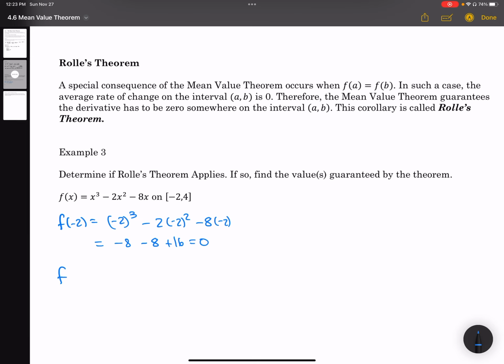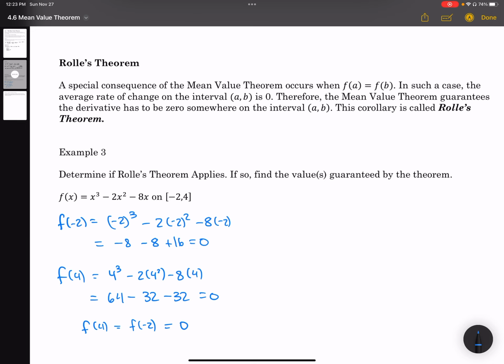And then f of 4 is equal to 4 cubed minus 2 times 4 squared minus 8 times 4, which is 64. 2 times 16 is 32. So 64 minus 32 minus 32, which equals 0. So in this case, we see that f of 4 equals f of negative 2, which equals 0.